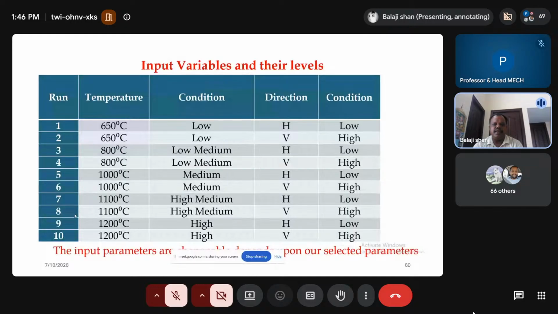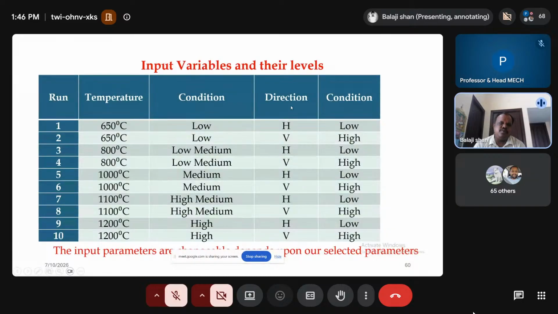Here I am taking the inputs, temperature and direction. Temperature has 5 levels: 650, 800, 1000, 1100, and 1200. Directions are horizontal and vertical, only two levels. So here I am selecting two input variables, one is the temperature and the other is the direction.